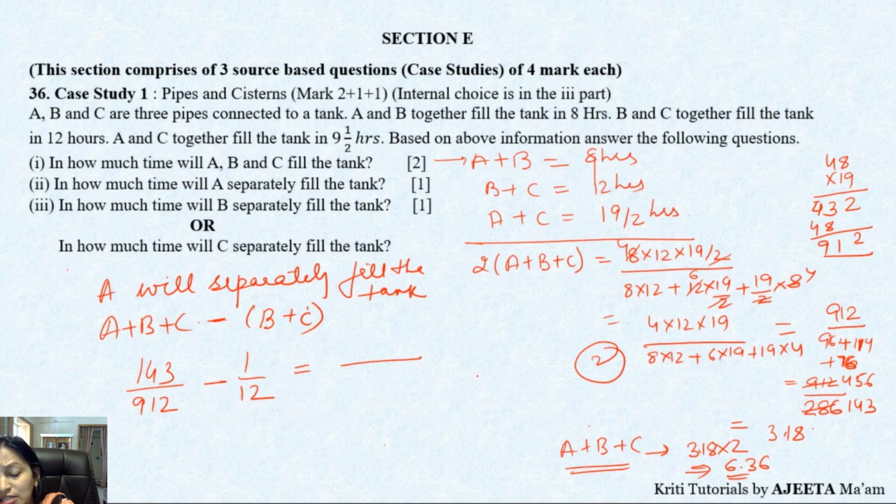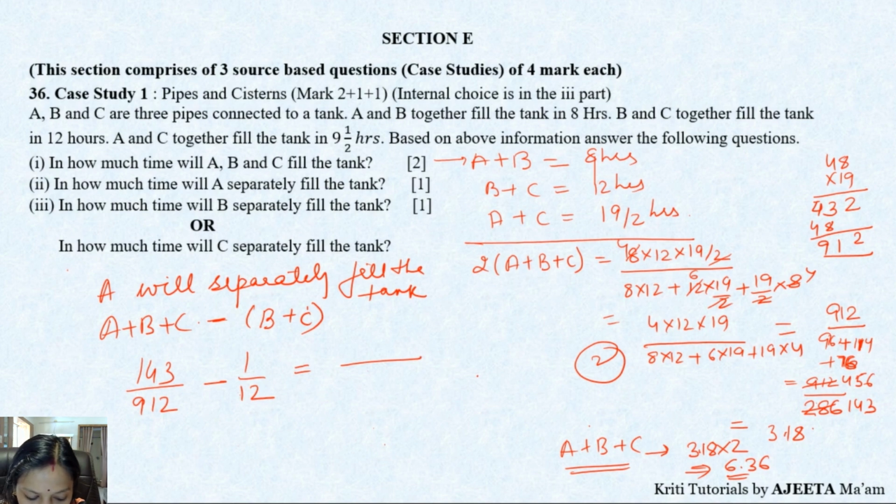So the only thing is, because of decimals you have to check that yes, we are getting the correct answer or not. Correct? So 143 upon 912, that is what we are getting here. Or you can simply put it in decimals also and get your answers.